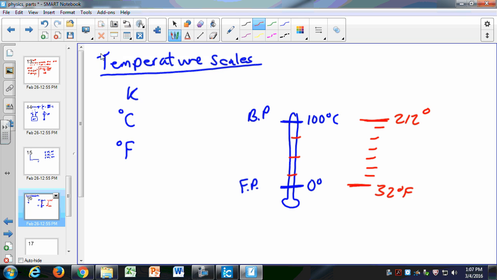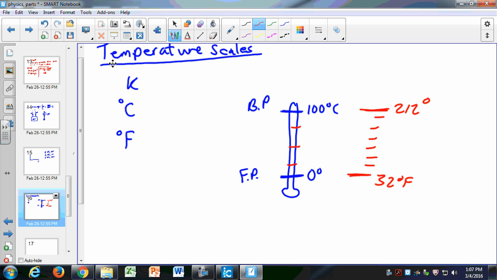Then the Kelvin scale is based on some different temperatures. So this is Celsius, this is Fahrenheit. The Kelvin scale goes from absolute 0 up to just a little bit above the freezing point of water. This is actually the triple point of water.